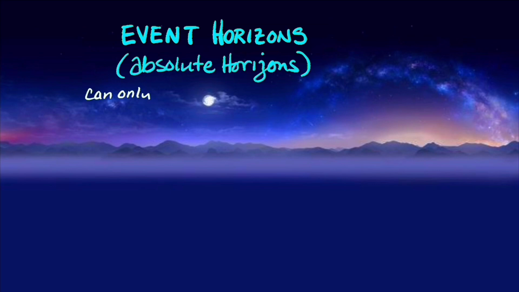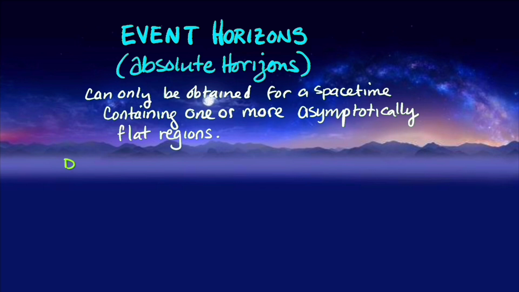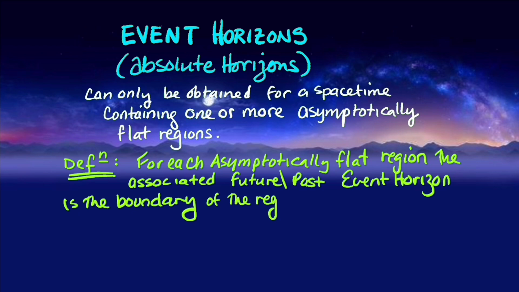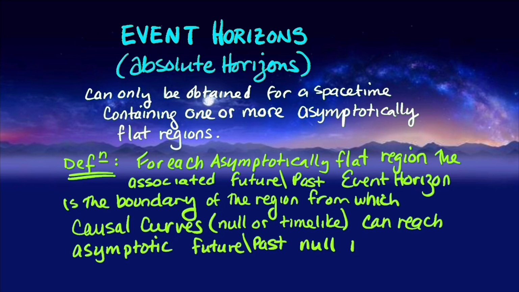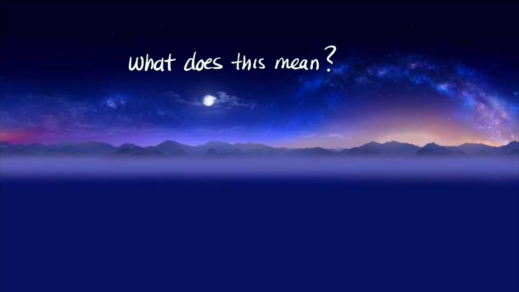Event horizons, or absolute horizons. These can only be obtained for a spacetime containing one or more asymptotically flat regions. That is, for each asymptotically flat region, the associated future or past event horizon is the boundary of the region from which causal curves, null or timelike, can reach asymptotic future or past null infinity. So what does this mean?